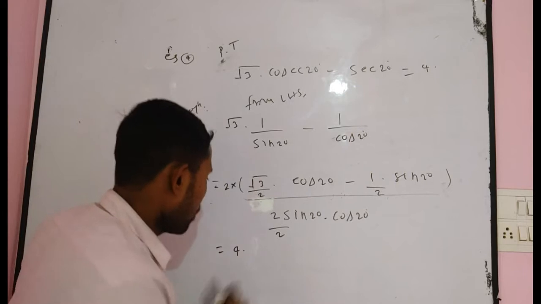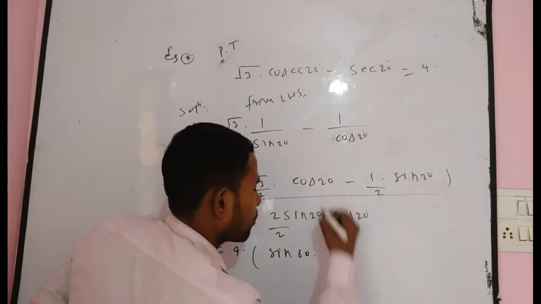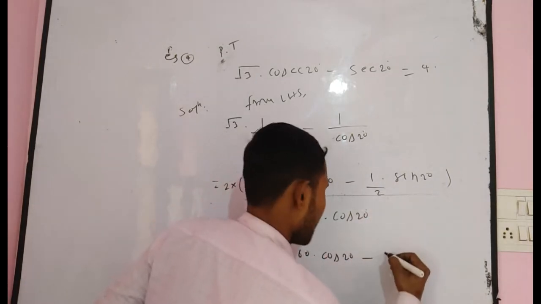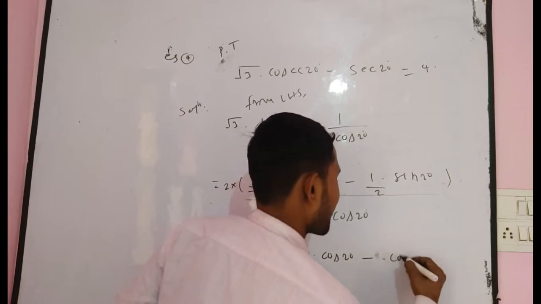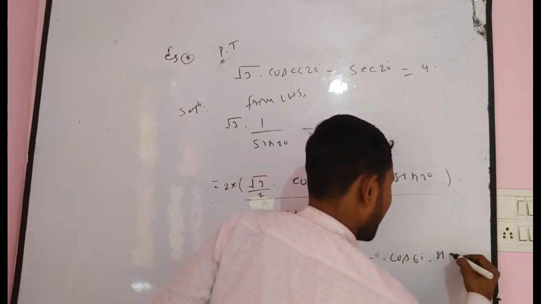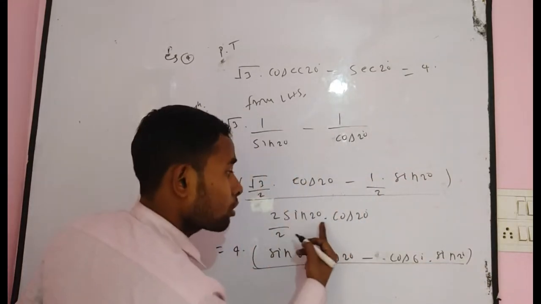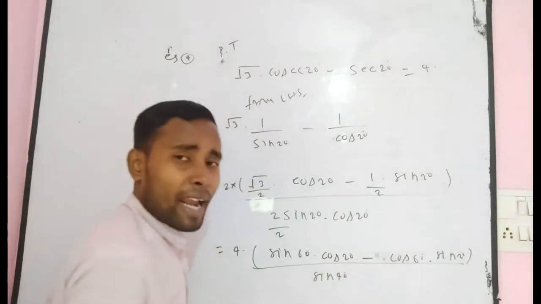And now you have to write root 3 by 2 as sin 60 degrees into cos 20, minus half as cos 60 into sin 20, divided by 2 sin 20 into cos 20, which is equal to what? Sin 40. Can you write it?